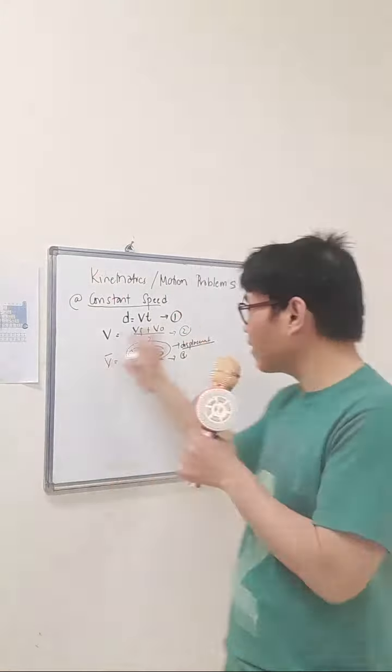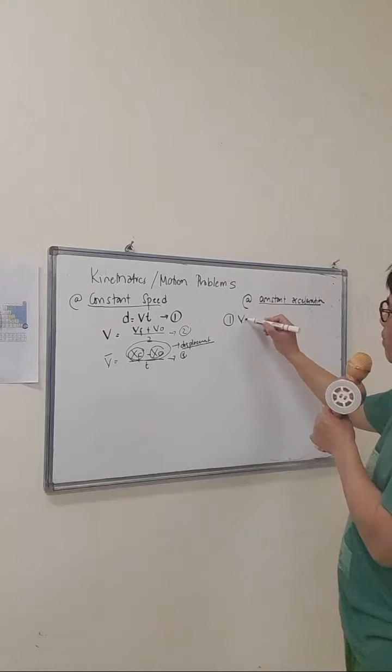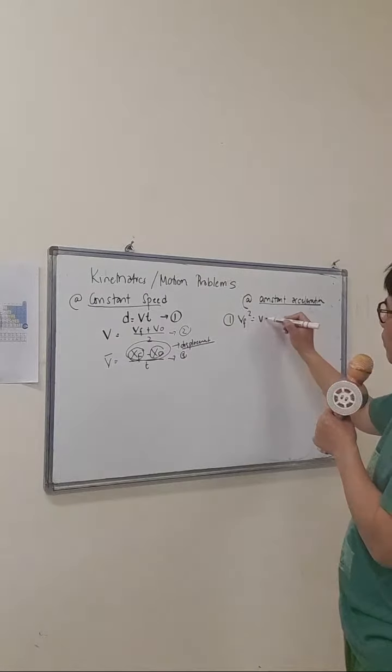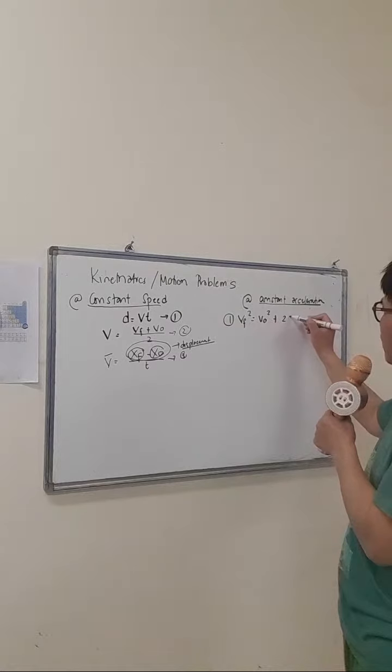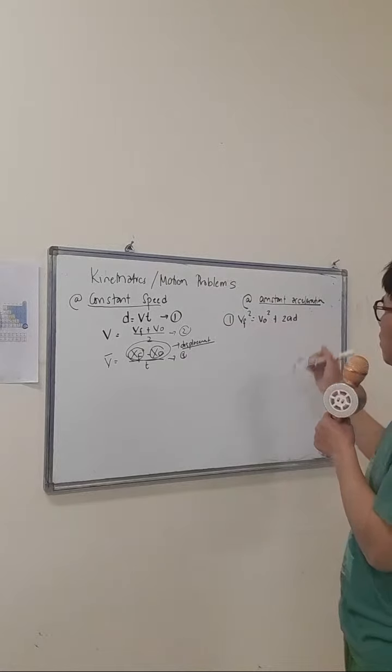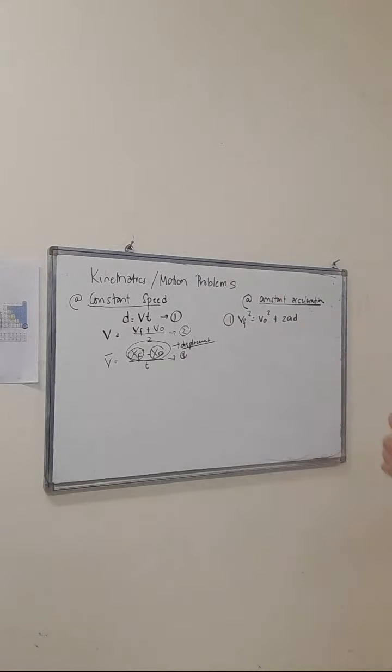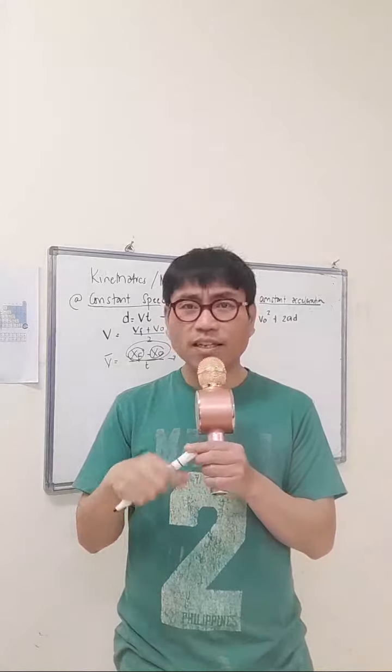And then at constant acceleration, we have 4 to consider. One equation: the final velocity squared is equal to the initial velocity squared plus 2 times the acceleration times d. In here, the acceleration is the acceleration in the horizontal displacement or horizontal distance, not the vertical.